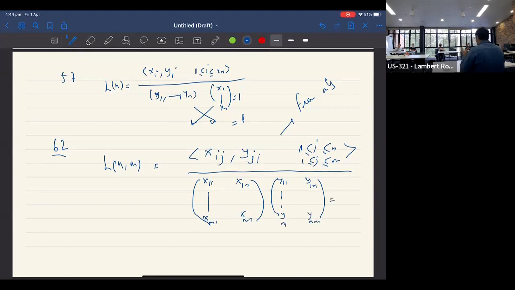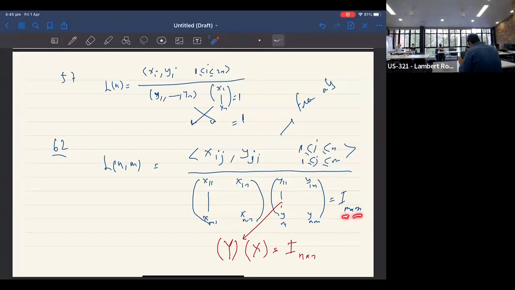You multiply this, and the same story, you force that to be 1. But here, the 1 would be the identity of size n times n, and then you replace this. Here you put the y's, exact same thing, and x, and then you force this also to be the identity of size m by m. So you get an algebra, and this is much more difficult.